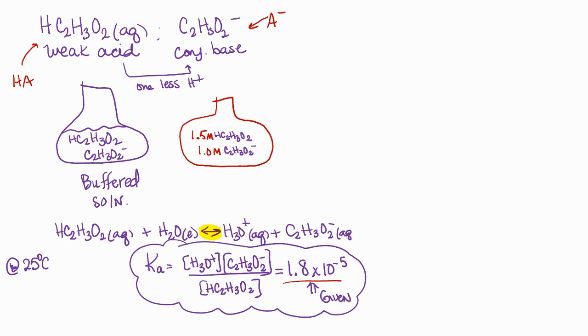Now I can plug those numbers into the Ka expression down here, but I want to show you something that will be very, very helpful to you, and that is that we can convert this expression into one of the most famous expressions in chemistry called the Henderson-Hasselbalch.